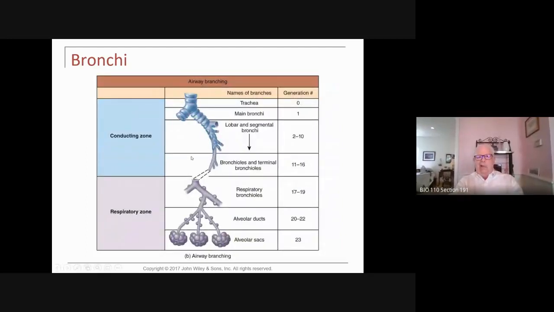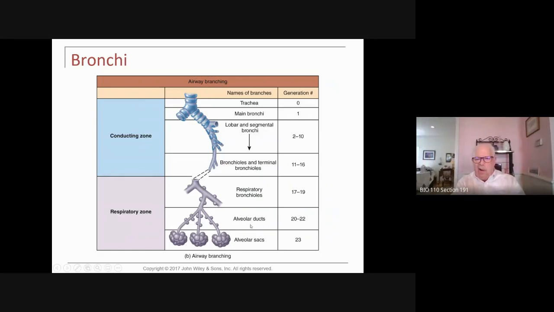So here it is. The conducting zone is just air movement. It's just air. The trachea, the main bronchi, the lobar and segmental bronchi, the bronchioles, and the terminal bronchioles. But once we pass the terminal bronchioles, we get into the respiratory zone.